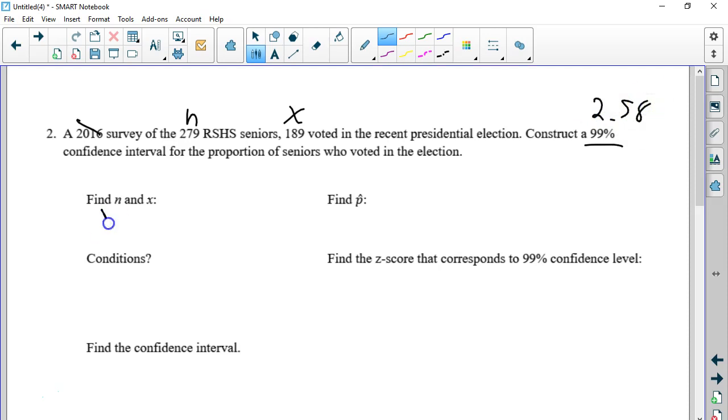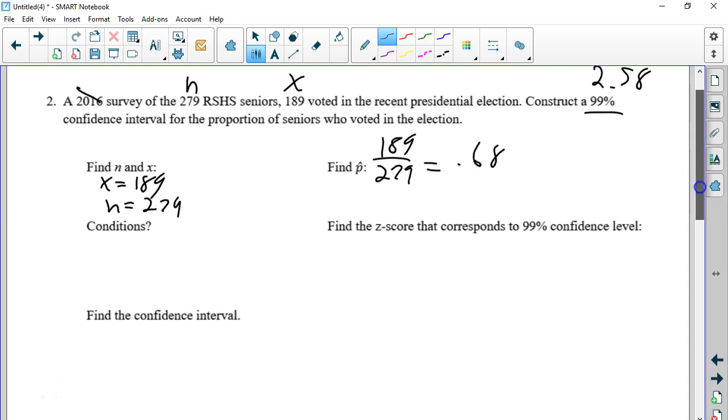So, x is 189, n is 279, p hat is x divided by n. That's 0.68 or 68% of the people. So 68% voted, which means 32% did not. That's going to be our 1 minus p hat.